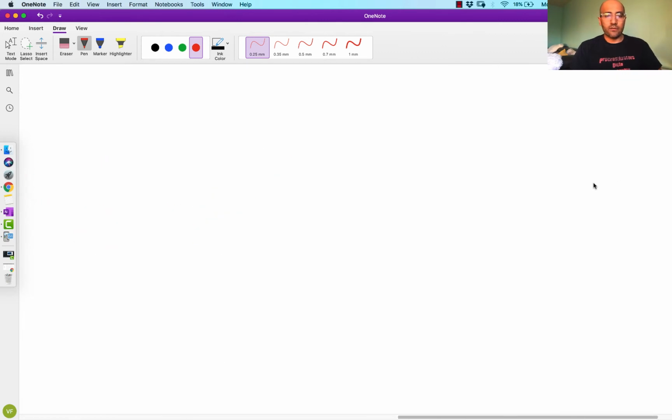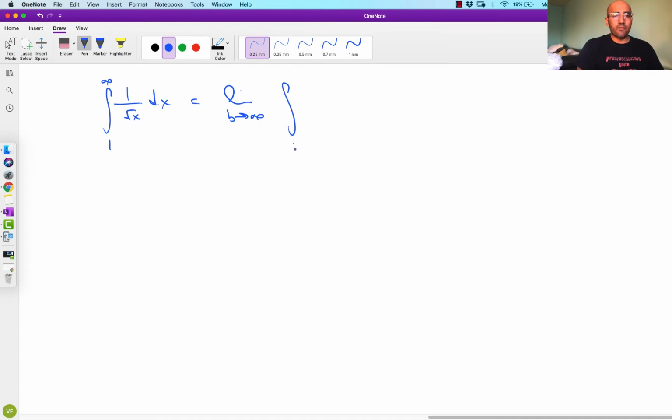Let's go over here. That's going to be the integral. Well, let's get rid of this red. The integral from 1 to infinity of 1 over root x dx. Okay, well that's equal to the limit as b goes to infinity of the integral from 1 to b. Then I'm just going to rewrite that as x to the negative 1/2 power, right?